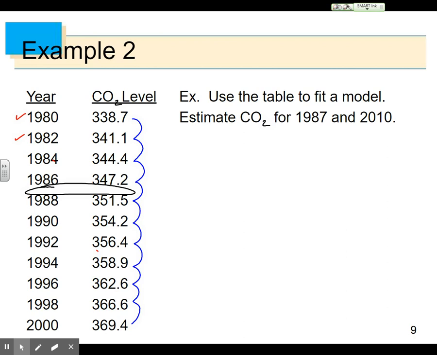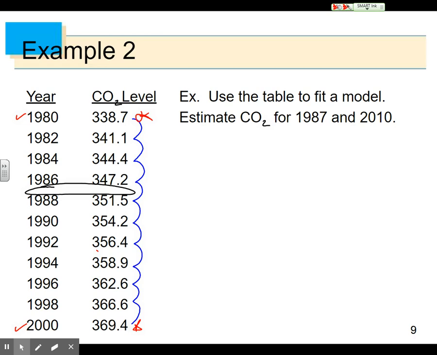I was always taught to use the first and the last point. Actually, if we were to graph this, we would want to use the points that are closest to the line, but that's something I'll get more into in statistics. For what we're going to do in here, the first and the last points will always be good, and that will match up with what I've done on my key. It should give you a very similar answer if you use two other points.